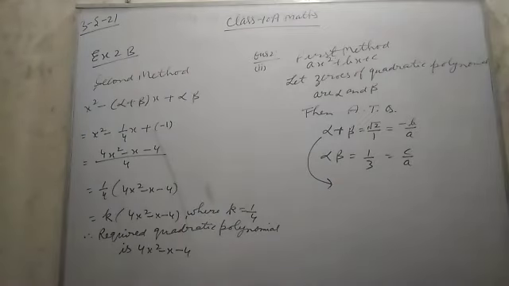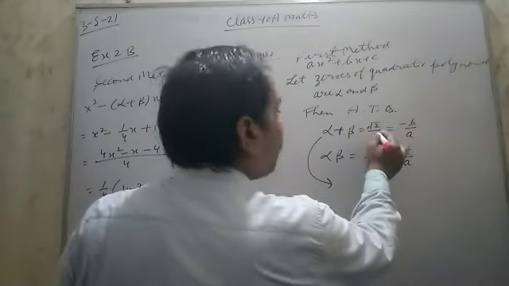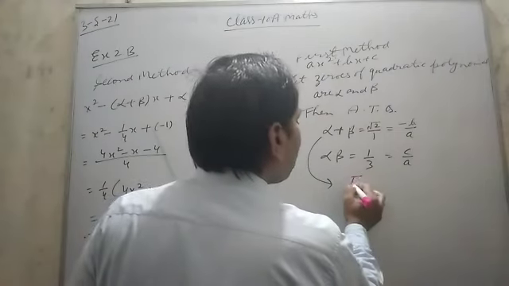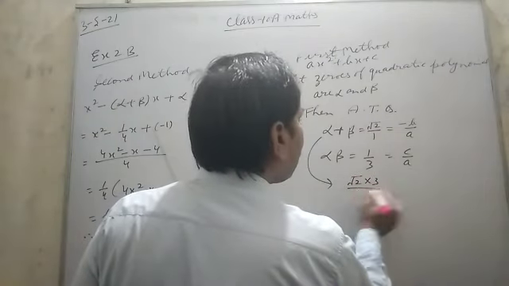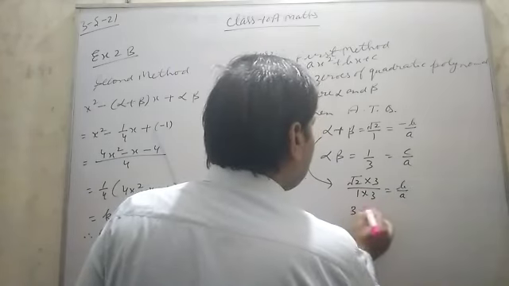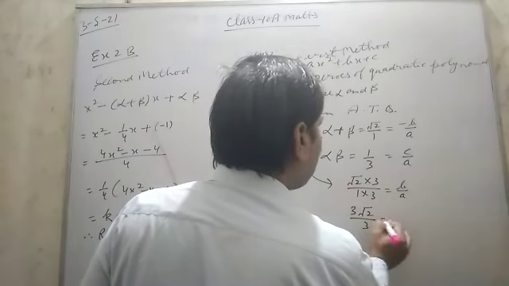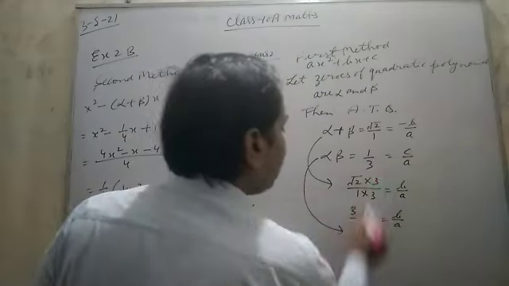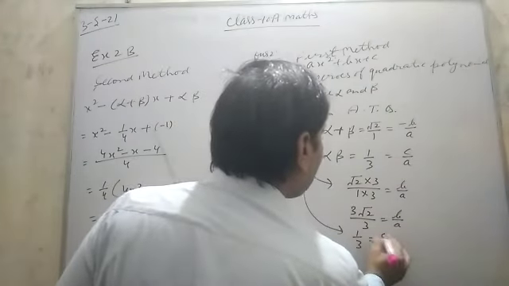So we have to make both their denominators 3. So multiply by 3. So under root 2 into 3 upon 1 into 3 is equal to b upon a, meaning 3 under root 2 upon 3 is equal to b upon a. And from this, it is already 3, so no problem.